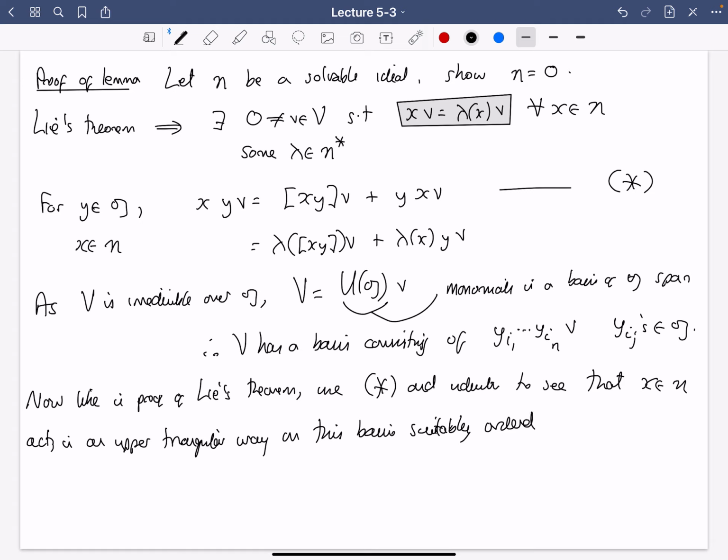You need to order it so that longer monomials are later in your basis.